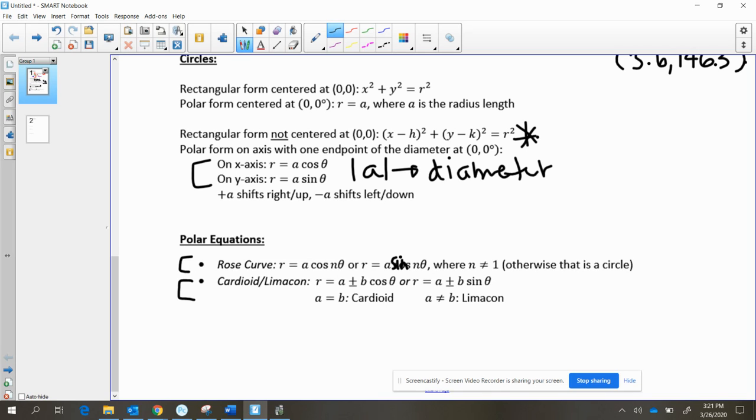Remember, cardioids resemble hearts. Hearts mean you love each other. You're perfect matches, so A equals B. Where your limaçons are going to have either a loop-de-loop or a dimpled effect to them, similar kind of to a cardioid if they're dimpled, but A does not equal B for those. So you can tell the difference between their formulas.